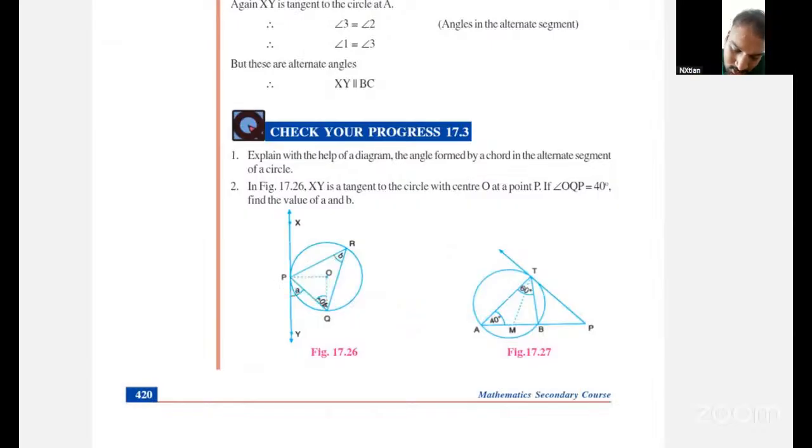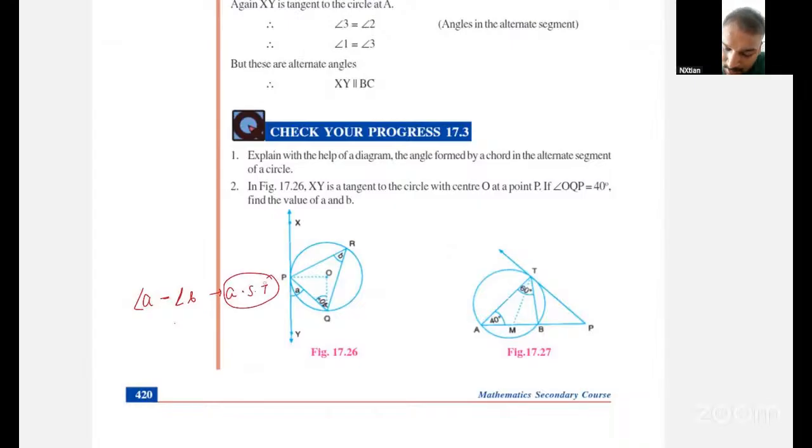From this we can conclude that angle A is equal to angle B because of the alternate segment theorem. Okay, AST. I wrote it like this.